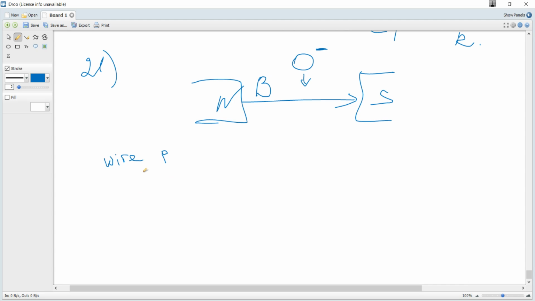I use a bit different rule. For all rules, if we consider a hand, this B vector must enter the palm, the inner part of the hand. It doesn't matter right hand, left hand. And 4 fingers are in direction of current if we find force on the wire, and in direction of velocity if it's a particle.